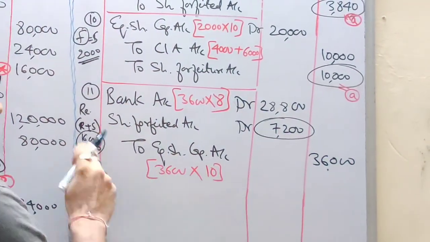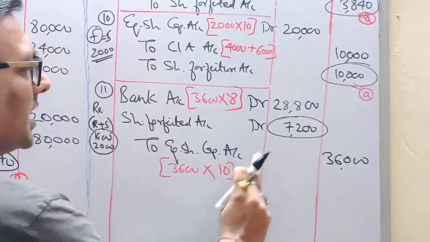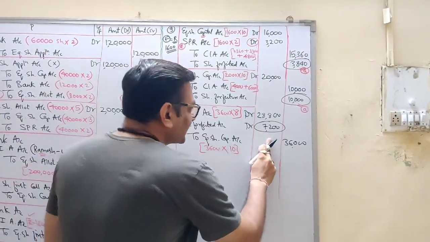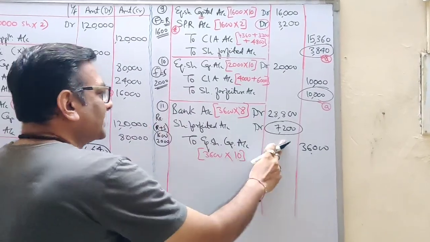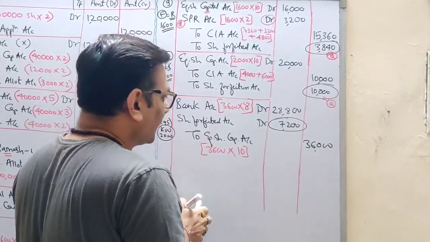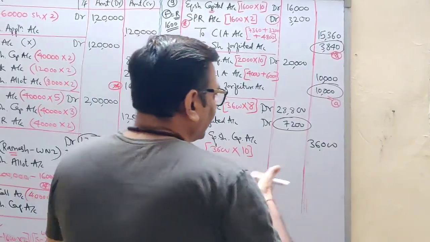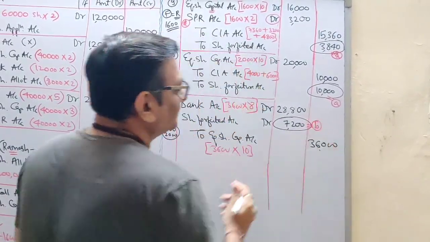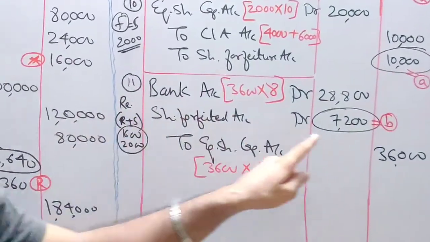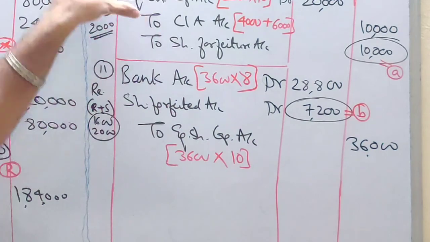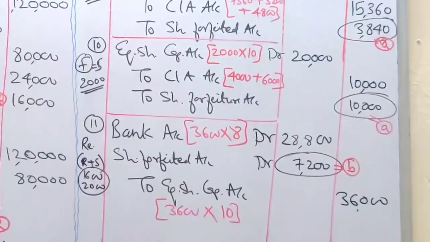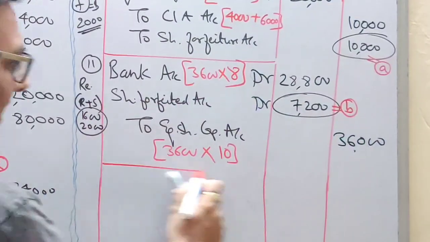Balancing amount in reissue, listen students carefully, balancing amount in reissue, we give name as variable B. Balancing amount in reissue, write it as B. Balancing amount in forfeiture, write it as A. You will understand this in my last entry.